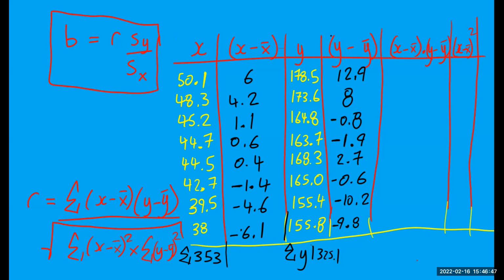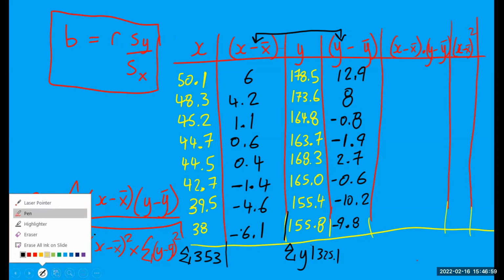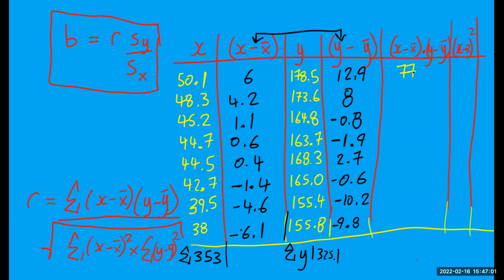Now we need to multiply these two: x minus bar x times y minus bar y. So 6 times 12.9, we're going to get 77.4. 4.2 times 8, we're going to get 33.6.